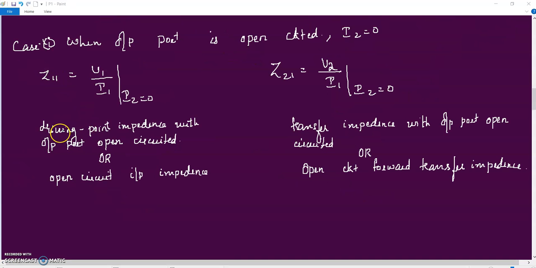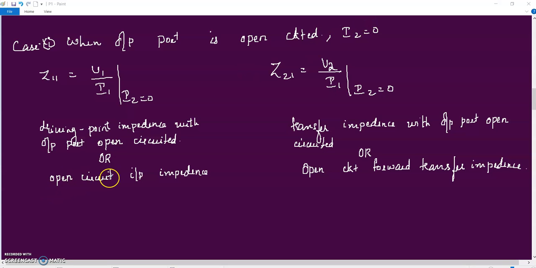Z11 is the driving point impedance with output port open circuited. We have learned what a driving point function is, and it is also called open circuit input impedance. V1 by I1, that is the input impedance. V by I will give you the impedance, and it is at the input, and we have obtained it by open circuiting the output.